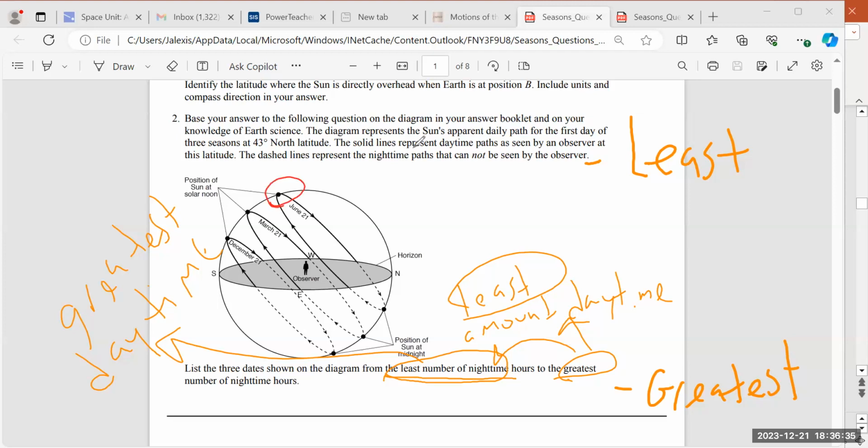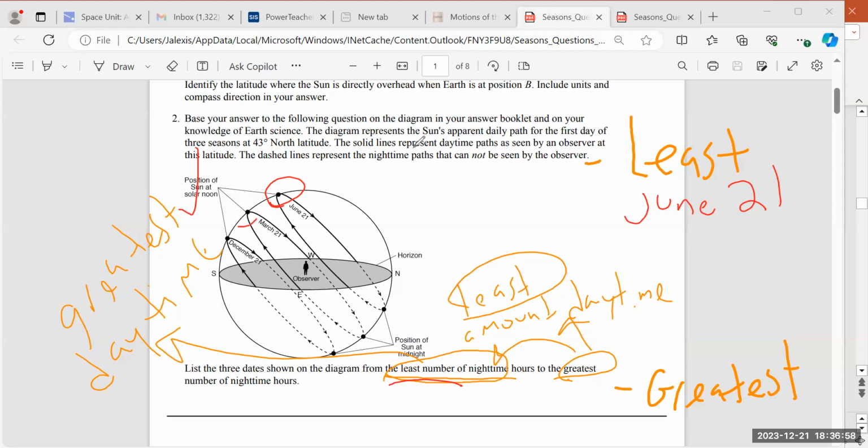June 21st has the highest path, which means it's going to give me the greatest daytime. So if I have the greatest daytime hours, that means I have the least number of nighttime hours. So therefore, my first answer is going to be June 21st. It's going to give me the least amount of nighttime.